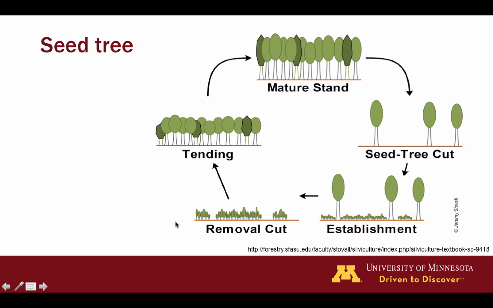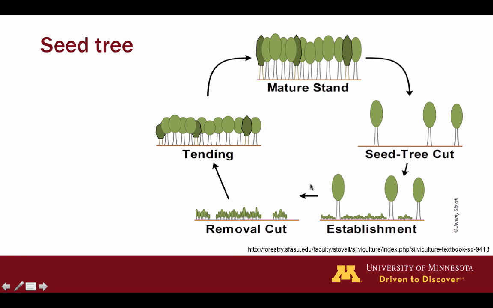So again, we still have the single cohort. There's tending, and then we have our regeneration. We have our first harvest to establish our seed trees, to select which trees we want to produce seed on the site. Those trees produce the seed. We have regeneration, and those trees are removed. So this is a case where we maintain that even age system.